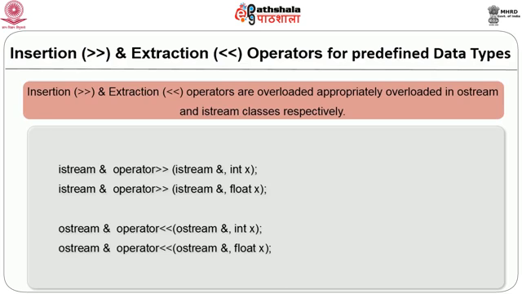In ostream class, the prototype would go like this: reference to ostream, keyword operator, insertion operator, reference to ostream and integer argument. And for the float variable, it will be overloaded as reference to ostream, keyword operator, insertion operator, reference to ostream and float argument.